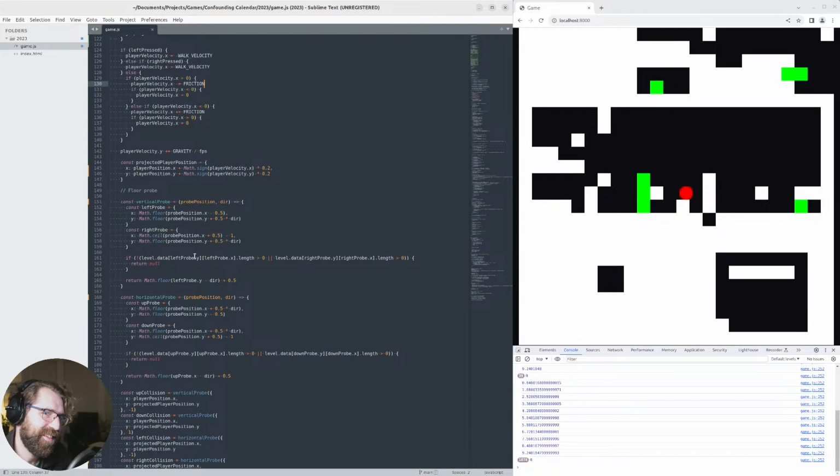Because if I probe the tile next to me and that's empty, but then move, and I move enough distance to cover 10 frames, then I might end up in a wall. Yeah. That's why, actually, the right thing to do is go... Actually, what's the right thing to do there?